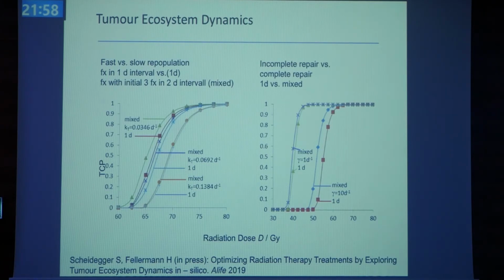The reason lies in the population dynamics of the system. When you have a larger spacing at the first fractions, you have more immune system activation, and with the larger spacing, you give the immune system more time to react. So this could be a very interesting concept for combining with hyperthermia. When we assume that hyperthermia may activate or trigger the immune system, we should give the immune system enough time to react.